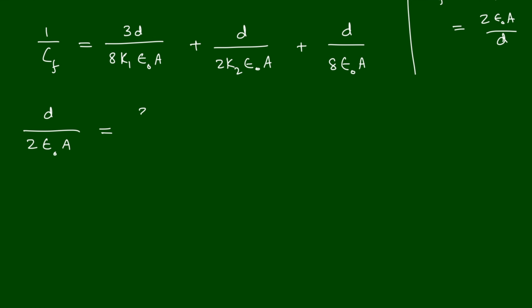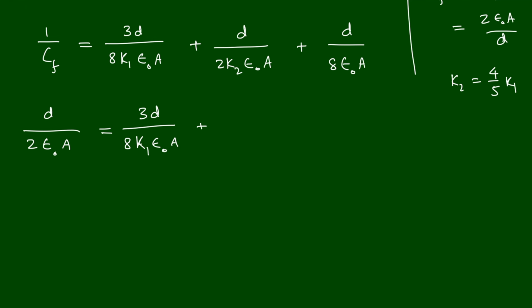3D by 8 K1 epsilon naught A plus, again here one thing we can do, K2 we will write in terms of K1. You will get K2 is equal to, as you have already seen, 4 by 5 K1.